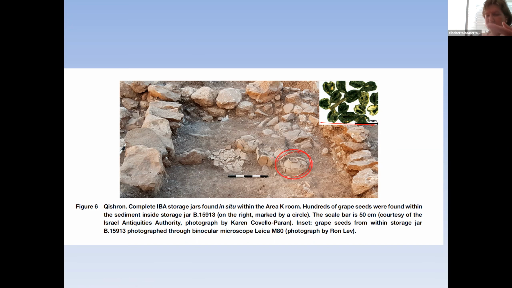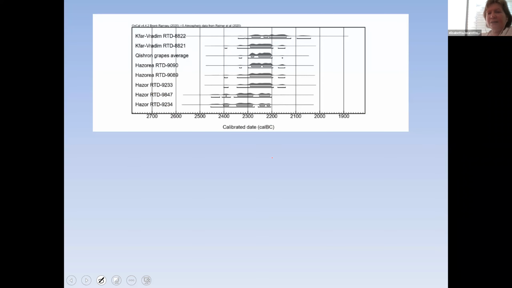So we had good data, at least in Kishron. These are the dates that we have collected and measured at the Weizmann. And you see that these are the different sites, Kfar Vradim, Kishron, Azorea, and 3 from Hatzor.